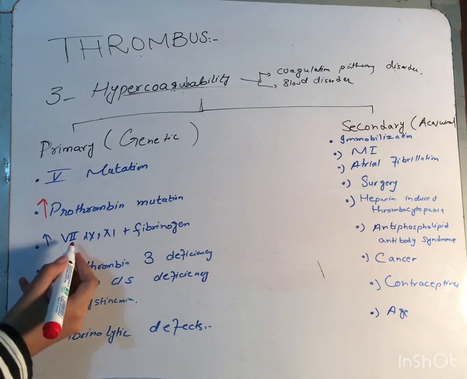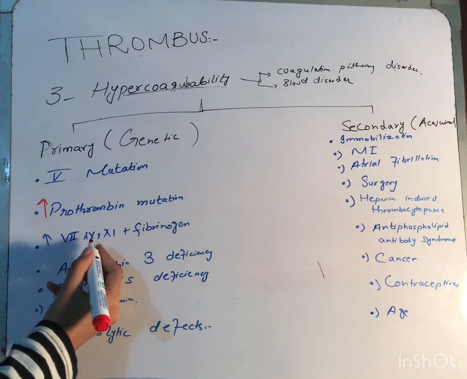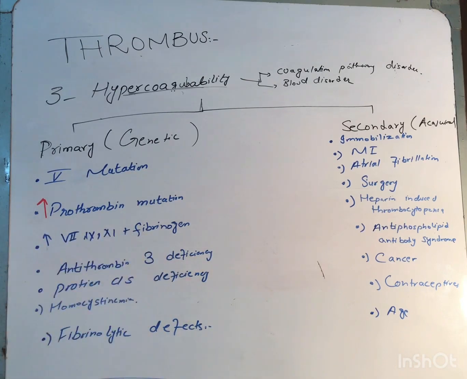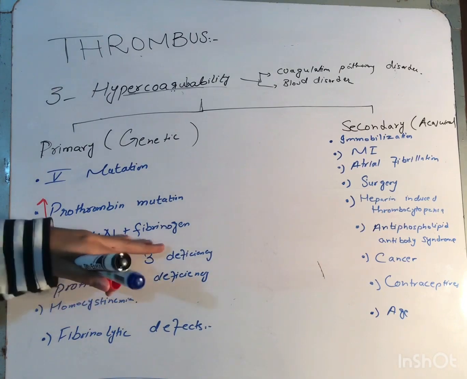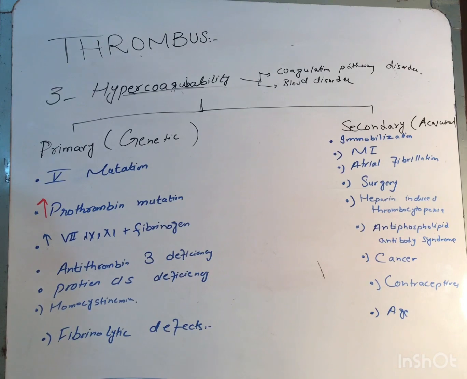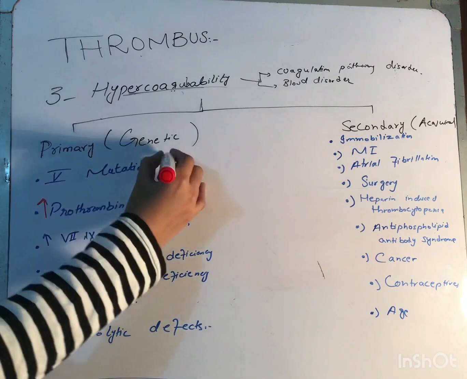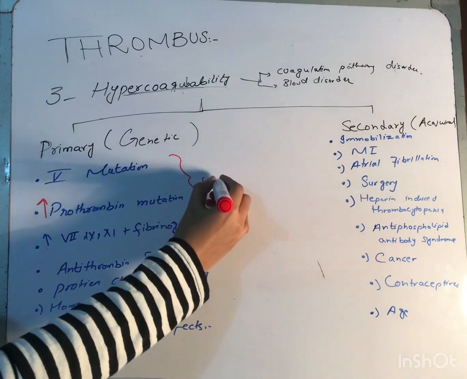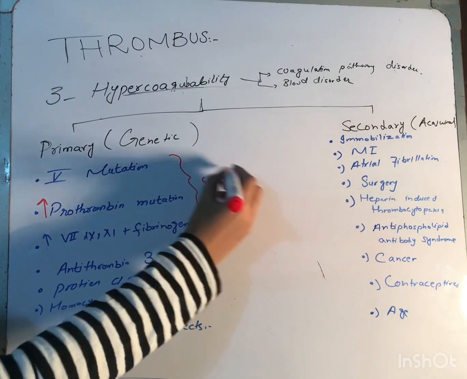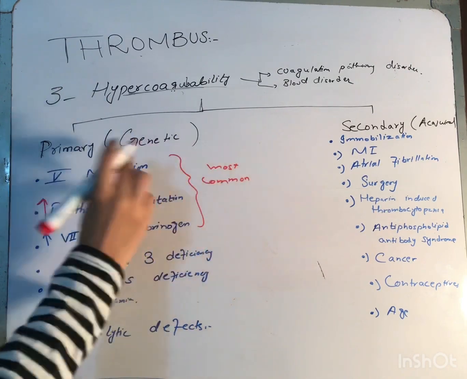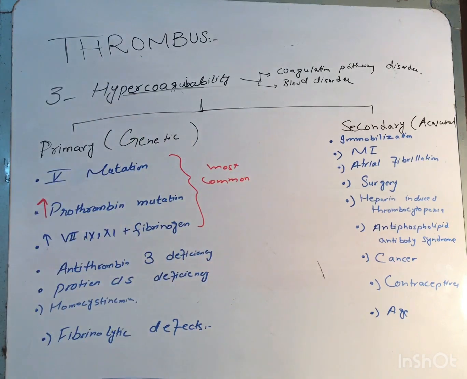And the third thing is factor 7, 9, 11 and fibrinogen more expression. It is a genetic problem in which these clotting factors are expressed in large amounts. These three are the commonest reason, most common reason for this hypercoagulability.